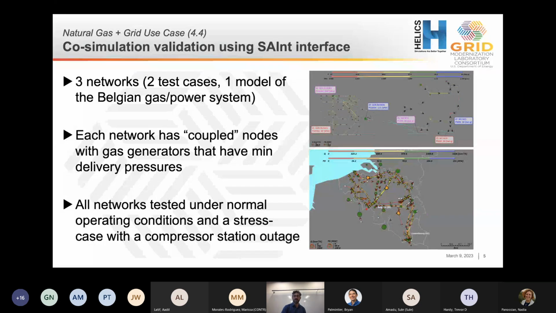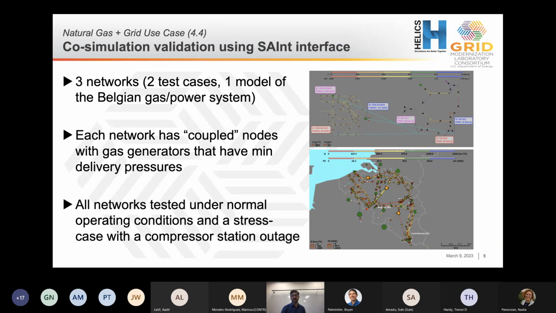Those were off-takers on the gas network and providers of electricity on the power side. We tested these networks for this co-simulation validation against not only a normal operating condition, but also a stress case where we simulated an outage at one of the compressor stations and tried to see how well that propagated to the electric simulation.